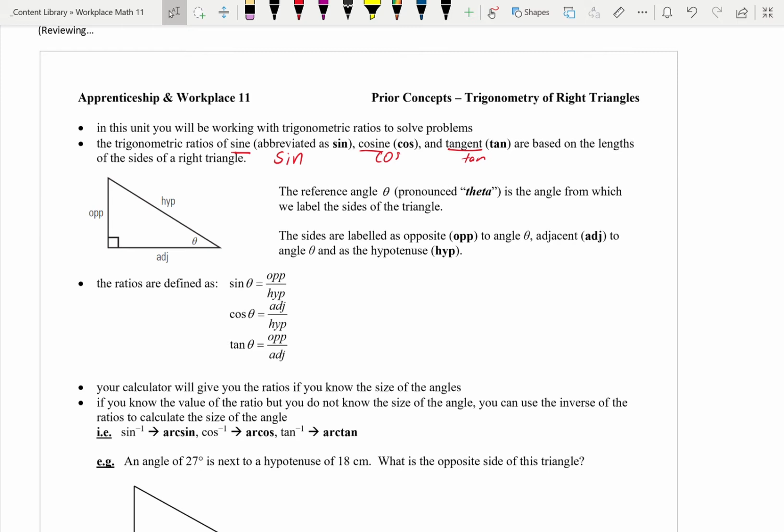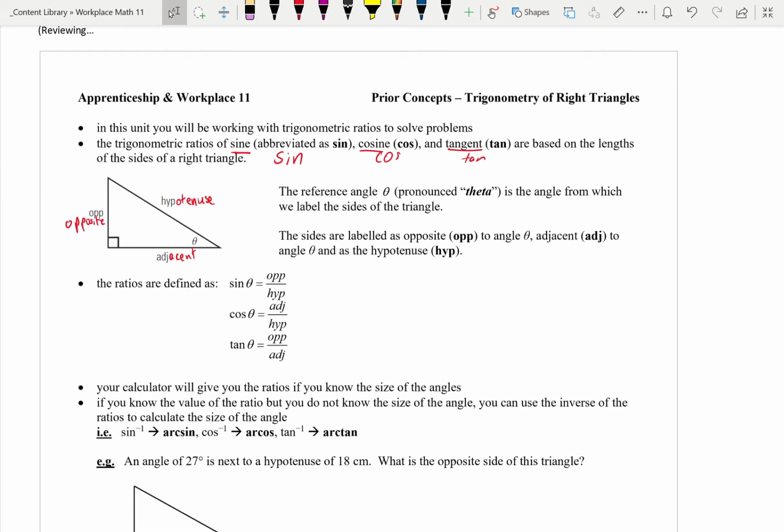So here I have a right angle triangle and I've labeled the sides. So hyp stands for hypotenuse, adj stands for adjacent, and op stands for opposite. Now, a couple things.